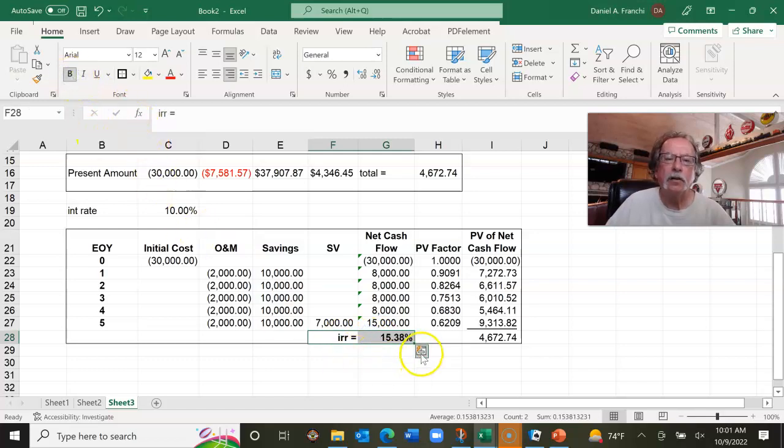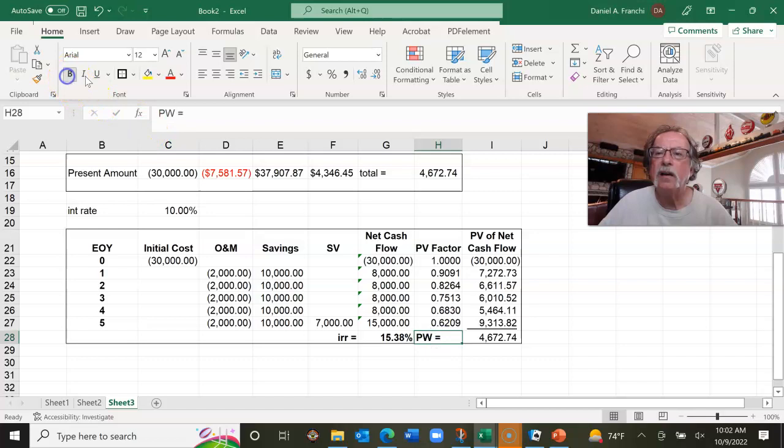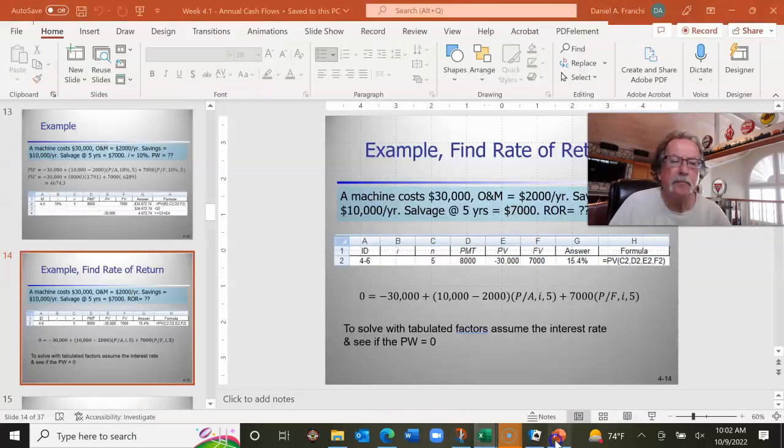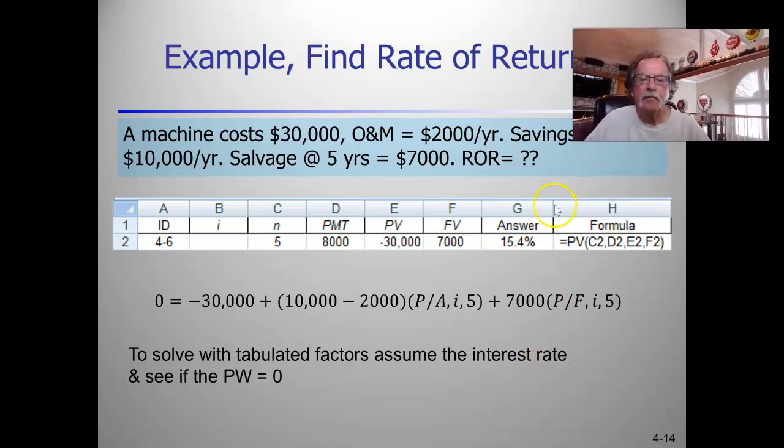So our internal rate of return is that. Our present worth is that. So when they ask for a rate of return, and many projects are measured by their rate of return or their internal rate of return, it's the interest rate where the present worth equals 0.